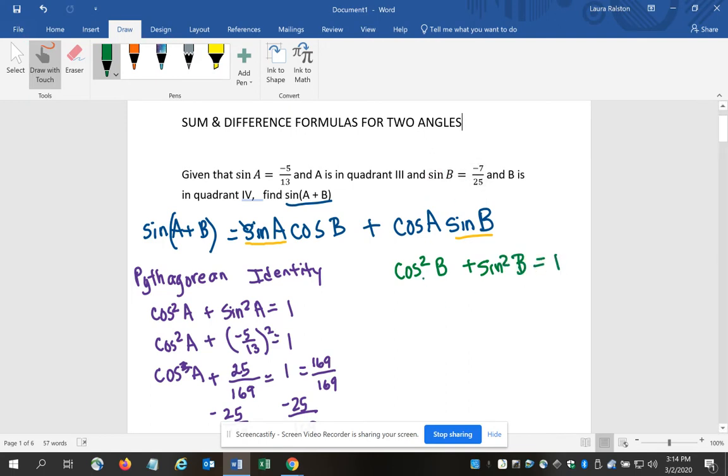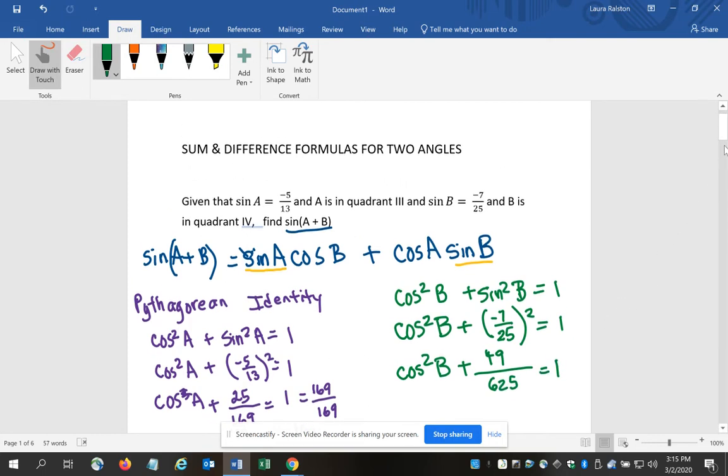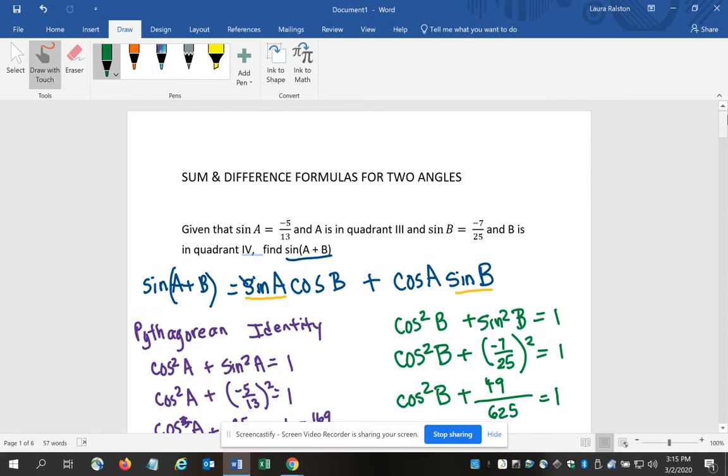Again, I know what sine B is, so I have cosine squared B plus negative 7/25 squared equals 1. So I'm going to work that out. I have cosine squared B plus 7 squared, which is 49, over 25 squared, which is 625, equals 1 whole. And again, I'm trying to ultimately solve for the cosine of B.